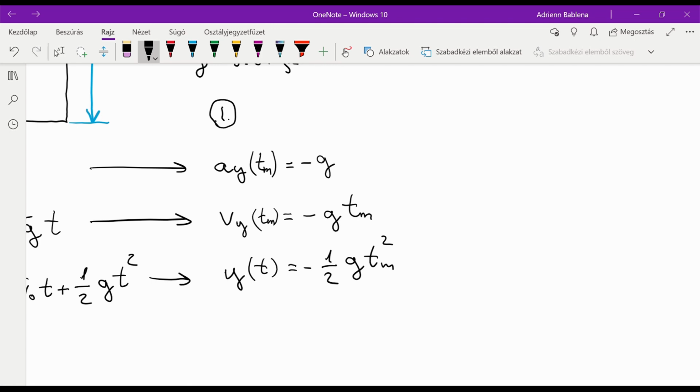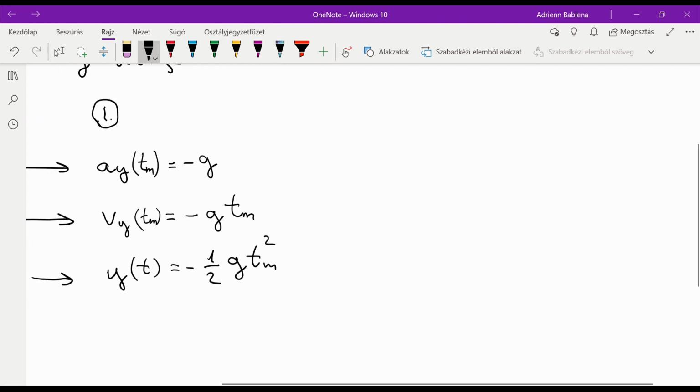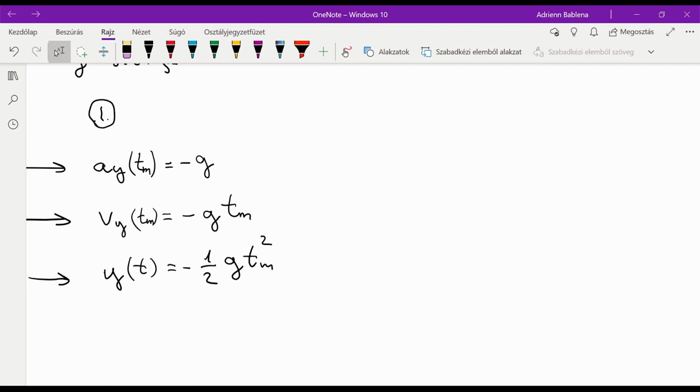So 0 plus 0 minus this part. Okay, so we just integrated ay 2 times. Our constant parts are 0 everywhere. So these are our functions of the movement of the material point.